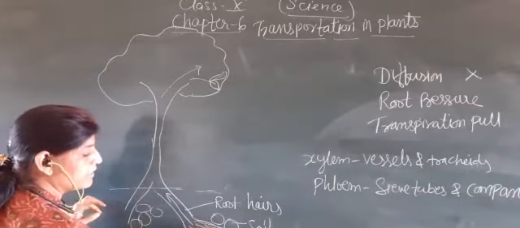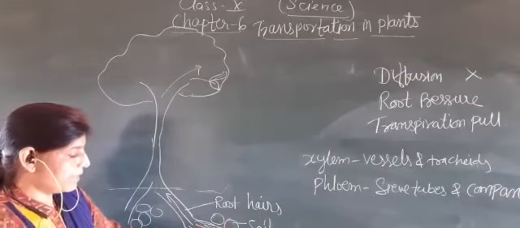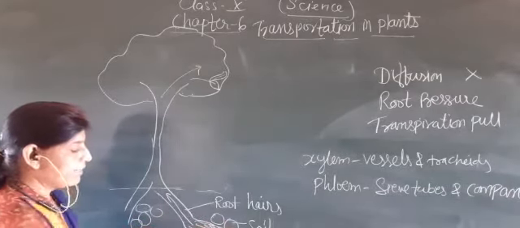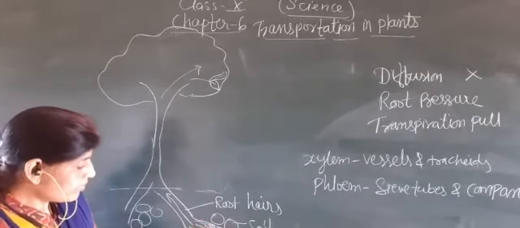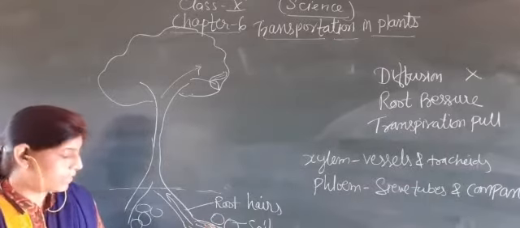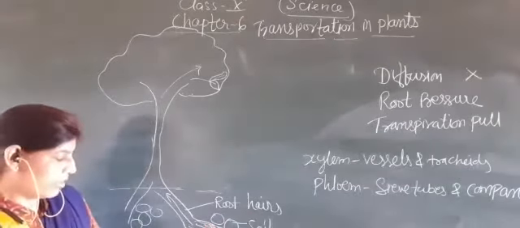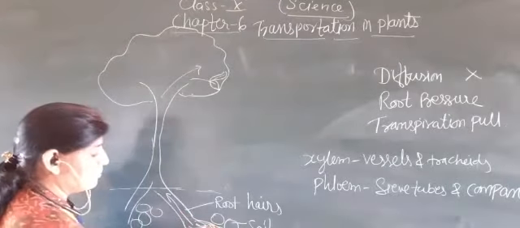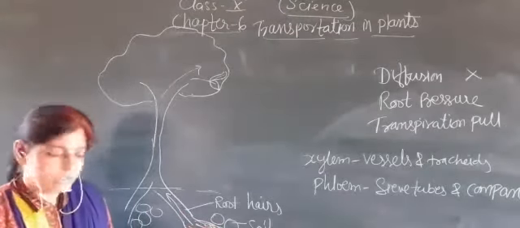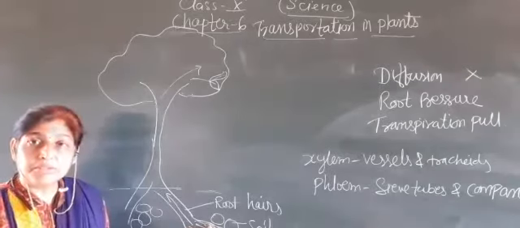The plant takes up water and minerals from the soil. Cells of the root which come in contact with the soil particles actively take in ions, so that a difference in concentration of ions is developed between the soil particles and the cells of the root.